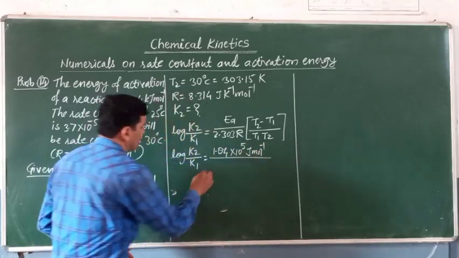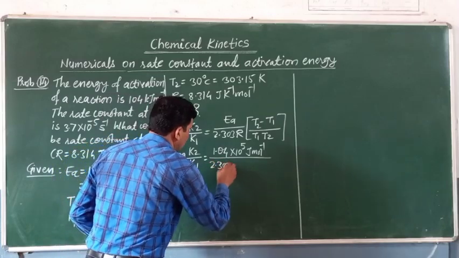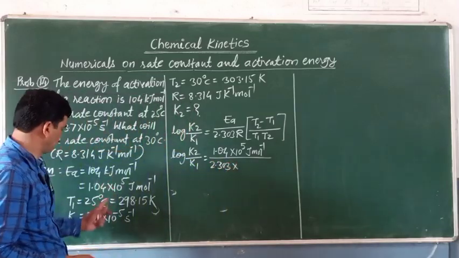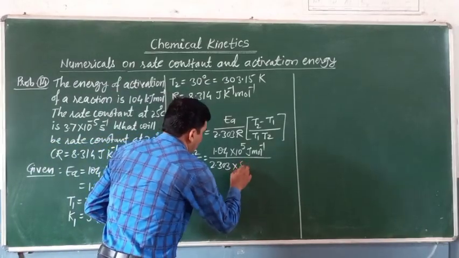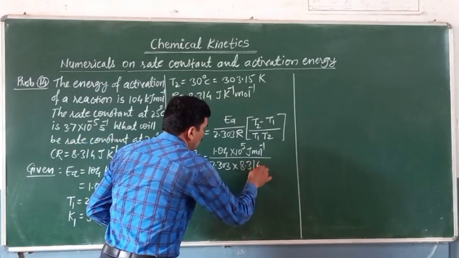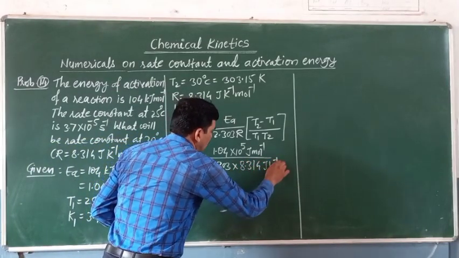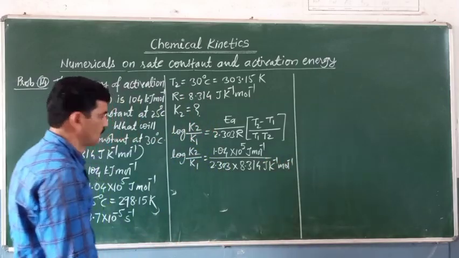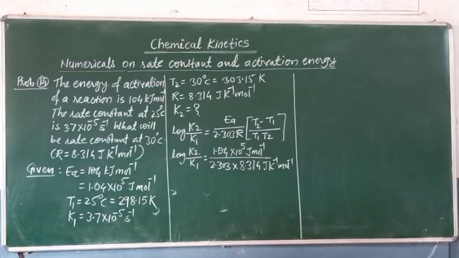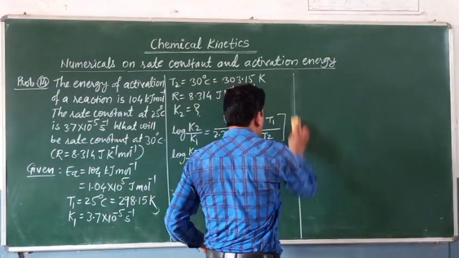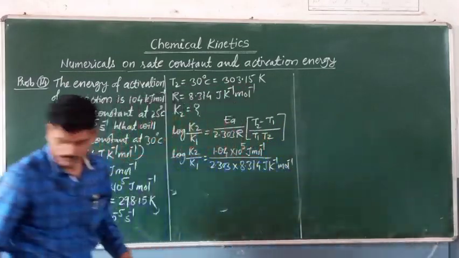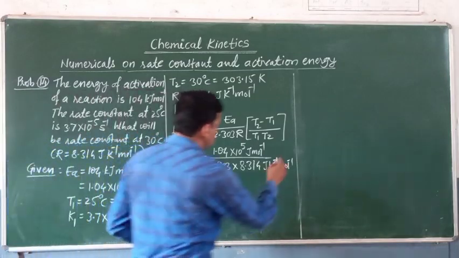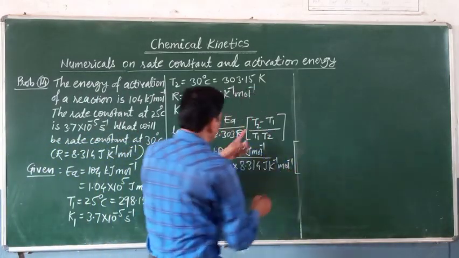upon 2.303 into R is 8.314 joule per Kelvin per mole. In bracket, T2 minus T1.